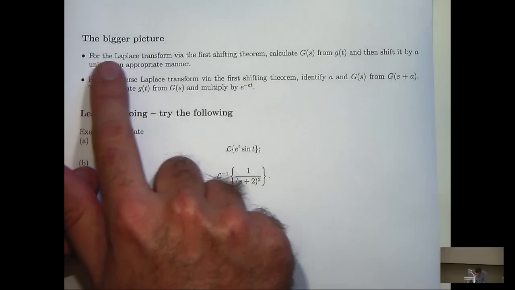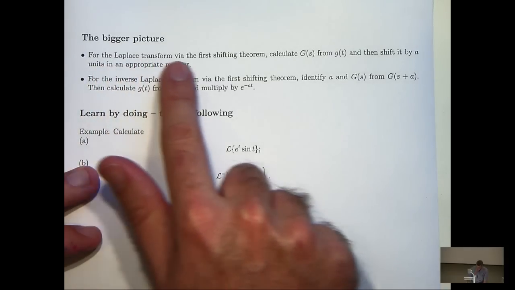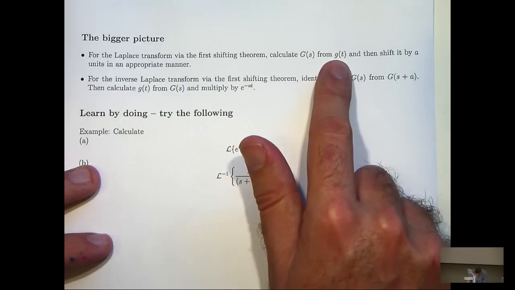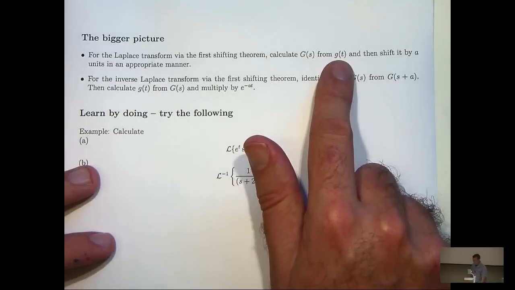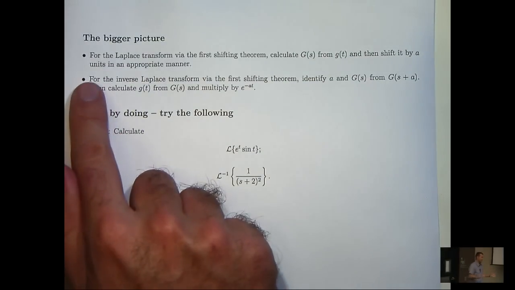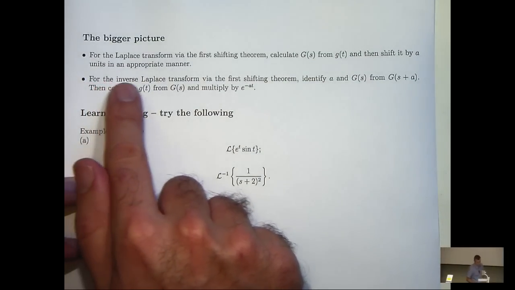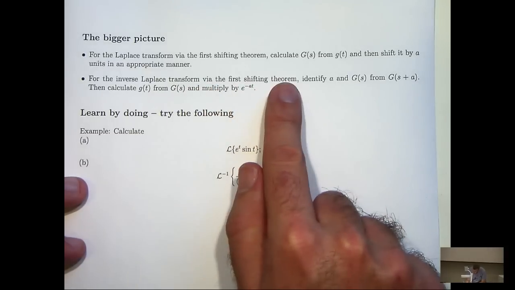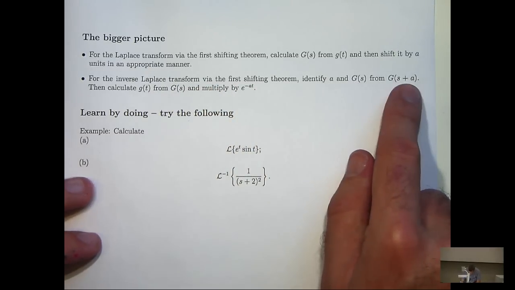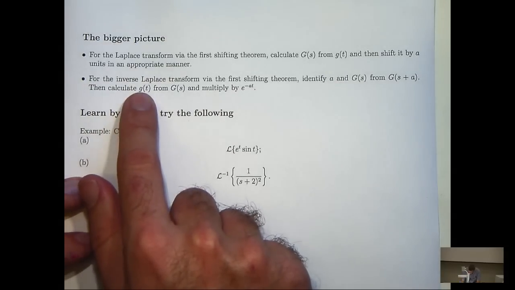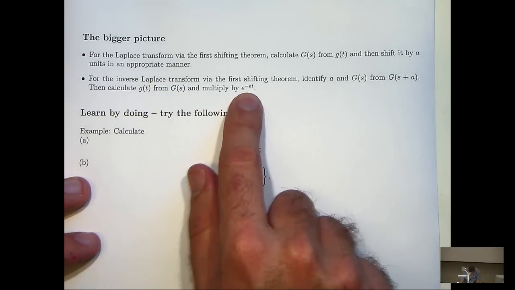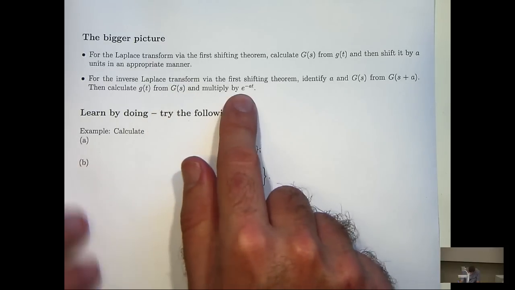A good method for taking the Laplace transform via the first shifting theorem is to firstly calculate big G of s from little g of t by taking the transform of this, and then shift G of s a units. And when calculating the inverse Laplace transform via the first shifting theorem, identify a and big G of s from this, then calculate little g of t by taking the inverse transform of this, and multiply the answer by this.